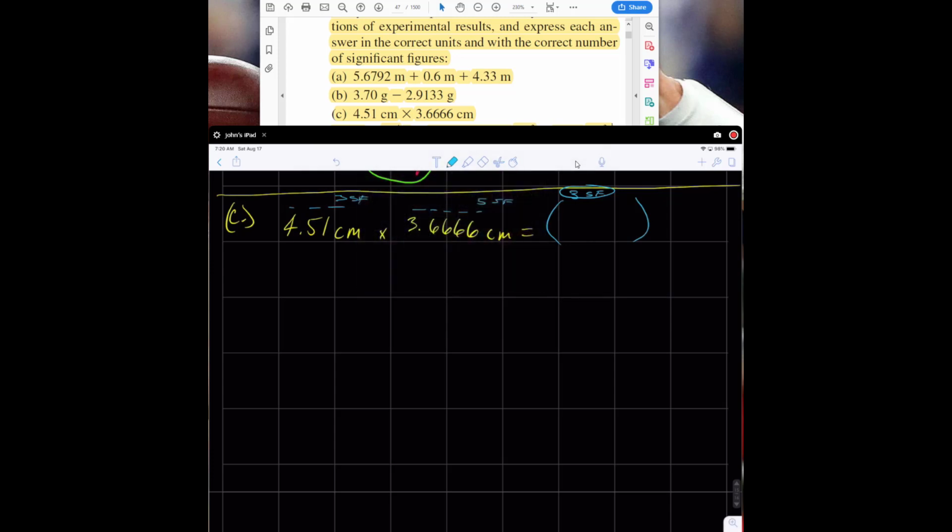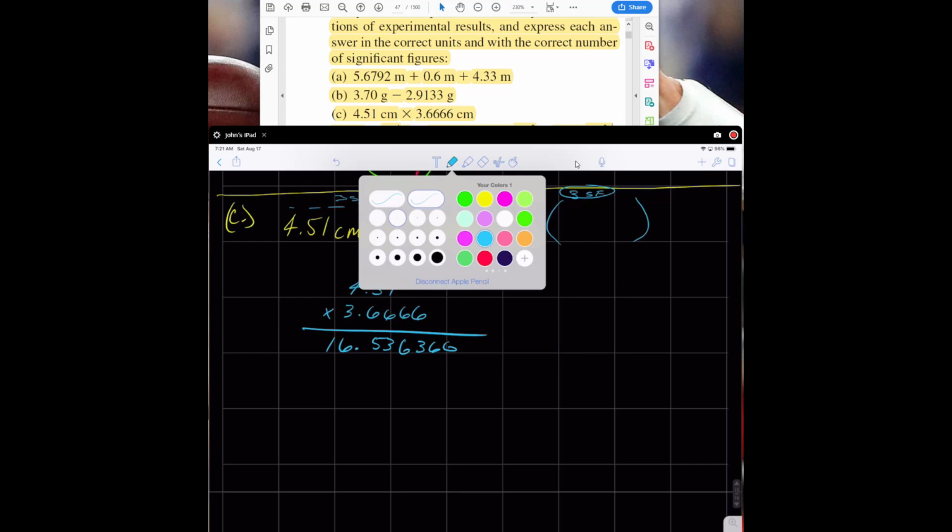So when we multiply these two, 4.51 times 3.6666, we get an answer of 16.5366 to be exact.